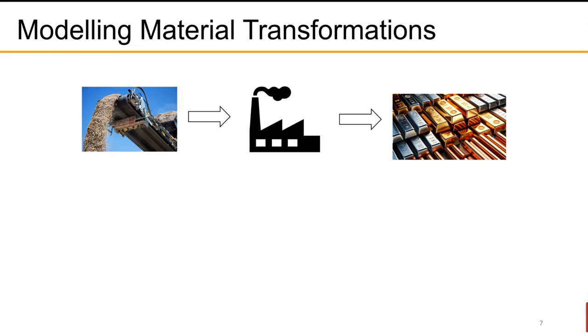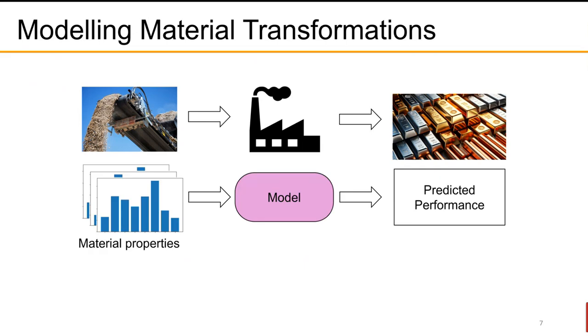But when we're doing planning, what we actually have is some sort of model that takes in the material properties that are represented by numbers and does some sort of modeling. It could be many different types of models, but the essence is that it gives us a predicted performance for what we're going to have in one of these processing facilities.